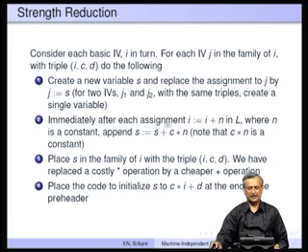Now, immediately after each assignment to I, that is I equal to I plus n in L, where n is a constant, place the assignment s equal to s plus c star n. C star n is a constant, obviously, this is the n we are talking about.